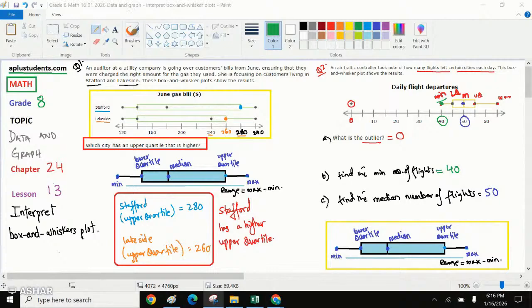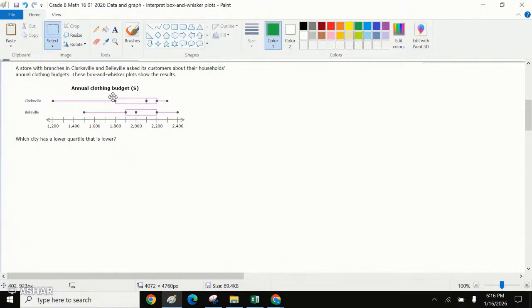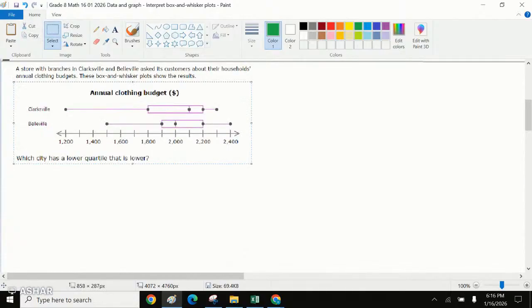Okay, it's about the clothing budget, and we say this is question number 5. Let's resize this. Box and whiskers are there. So there are two box and whiskers over here, Clarksville and Believe, right?